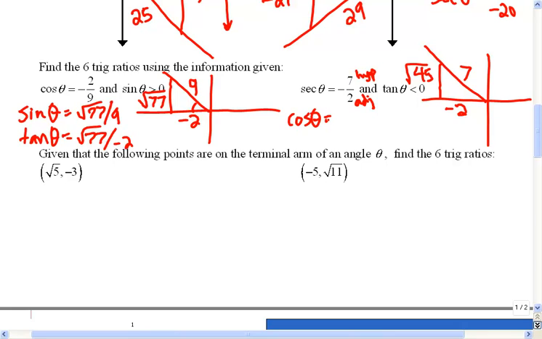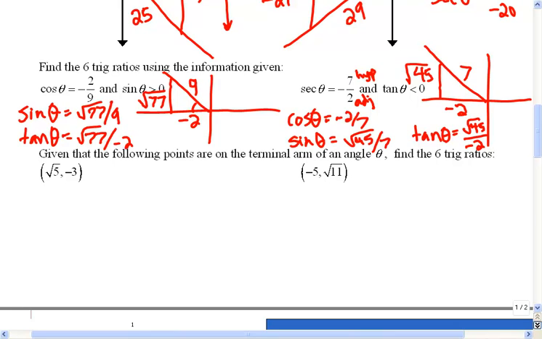Cosine is just going to be flipped, so it's going to be negative 2 over 7. The sine is going to be root 45 over 7, and the tangent is going to be opposite over adjacent, so root 45 over negative 2.